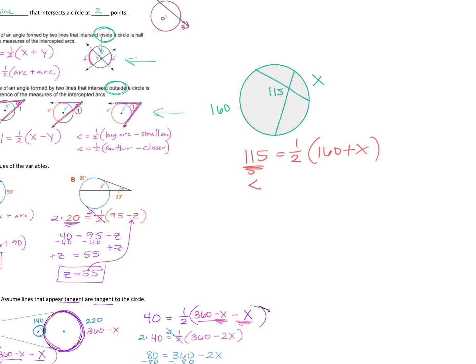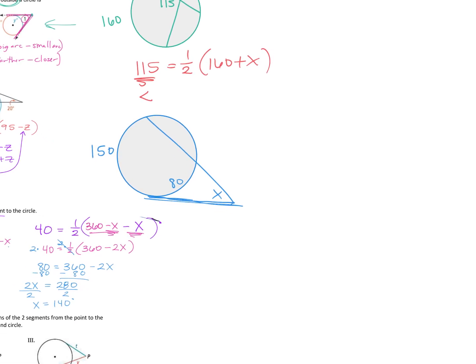Okay? One more, and then I'll leave you alone. Let's say you have this, and this is x. It's terrible, sorry. We'll say this is 150, and this is, we'll call it 80.